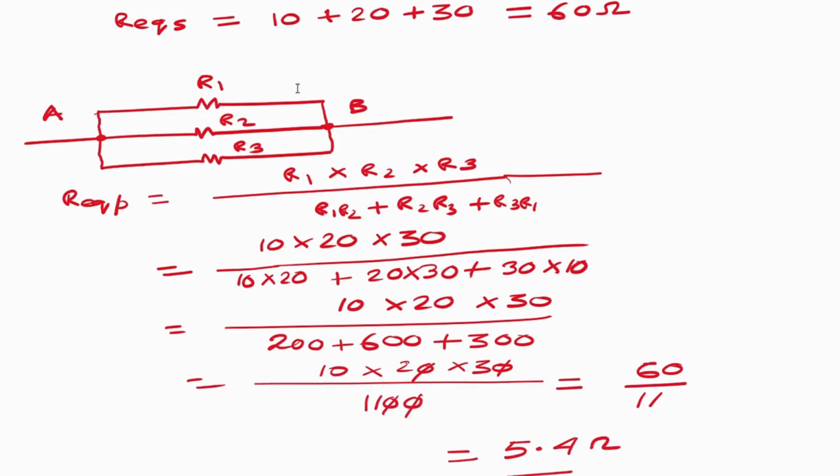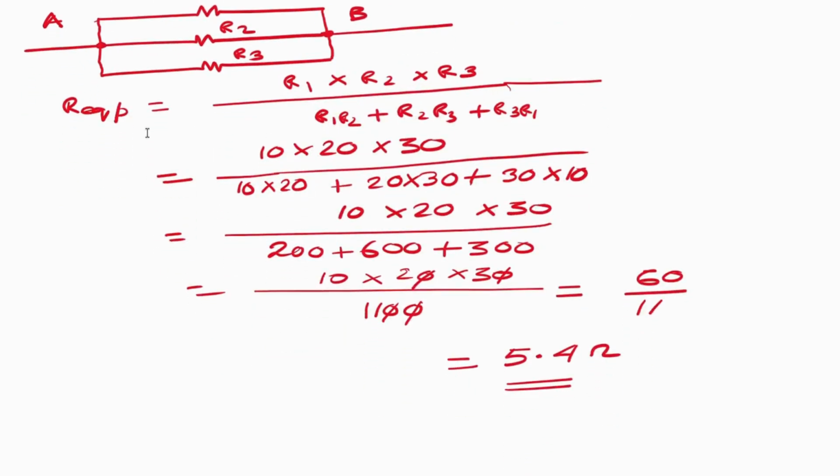If we consider here A and this terminal as B, then R equivalent parallel, P for parallel, will be R1 into R2 into R3 by R1 R2 plus R2 R3 plus R3 R1.